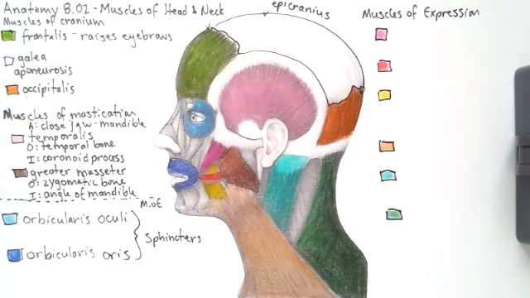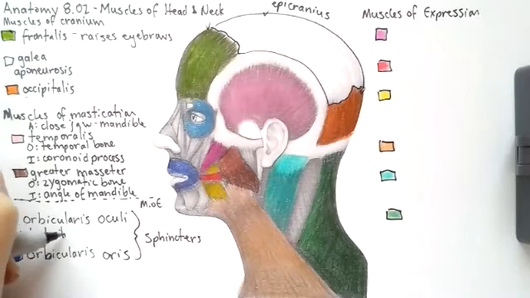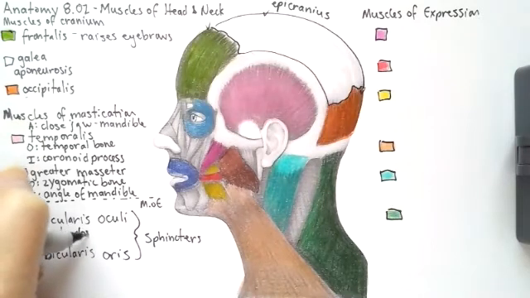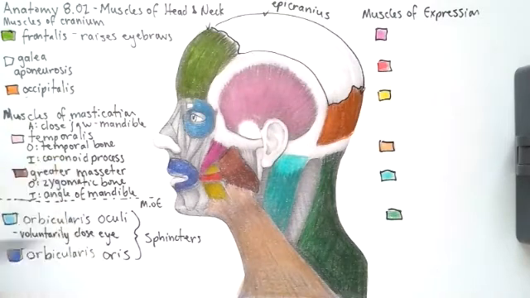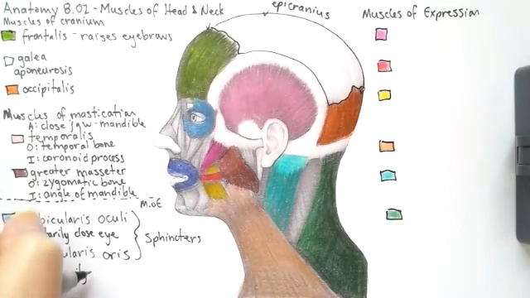So you actually have three sphincter muscles on your face. And these allow us to voluntarily close the eye and voluntarily close the mouth.